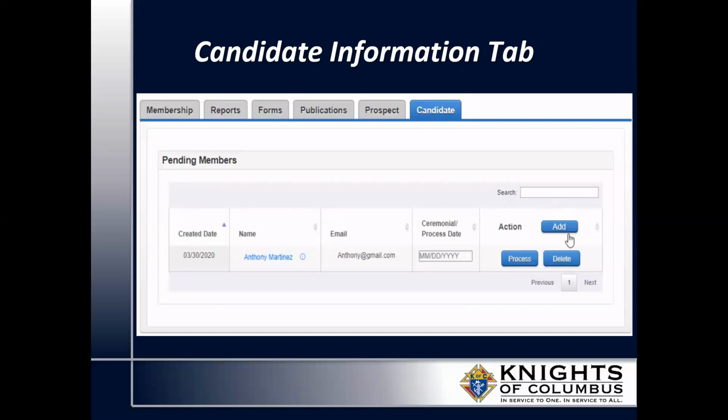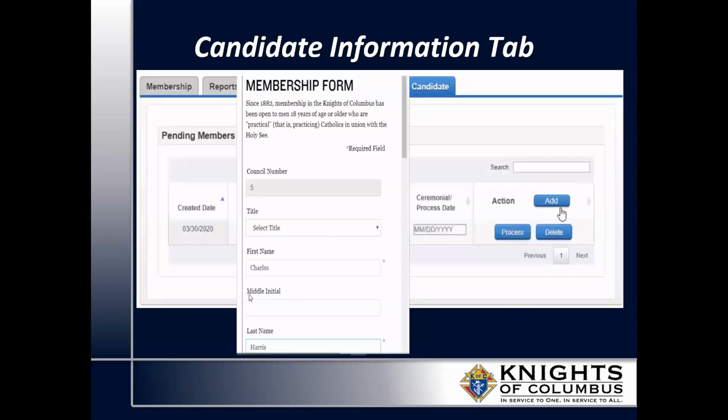So if you have someone you want to add, if you've got a new Form 100, someone who wants to join your council, you would click on the Add tab here. When you do that, you're going to receive a pop-up box that says Membership Form. This form has to be completed with the information that you received from the Form 100.